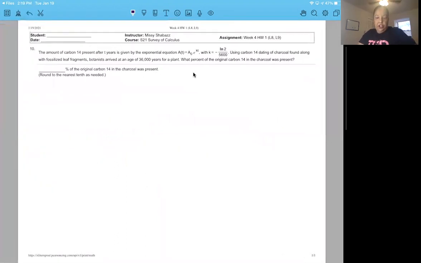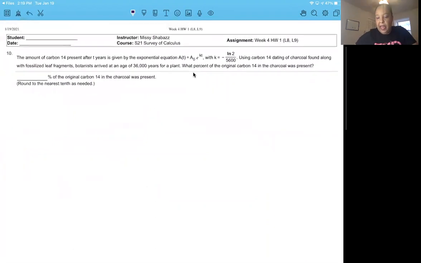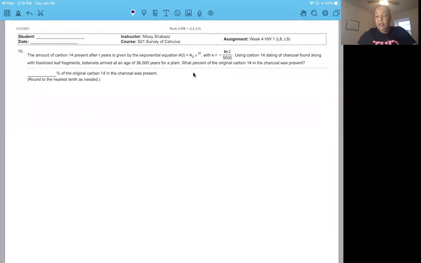Our next question is, the amount of carbon-14 present after T years is given by the exponential equation A of T equals A naught e to the KT, where our K, our decay, is negative natural log of 2 over 5,600.